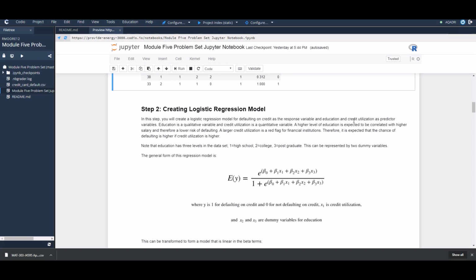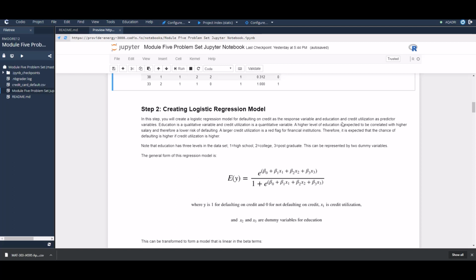Credit utilization is a quantitative variable. What that means is if you have, say, $10,000 of credit available, then how much of that credit are you using? The more credit you use, the probability of defaulting on that credit becomes higher, because you're using too much of the credit that is available to you.